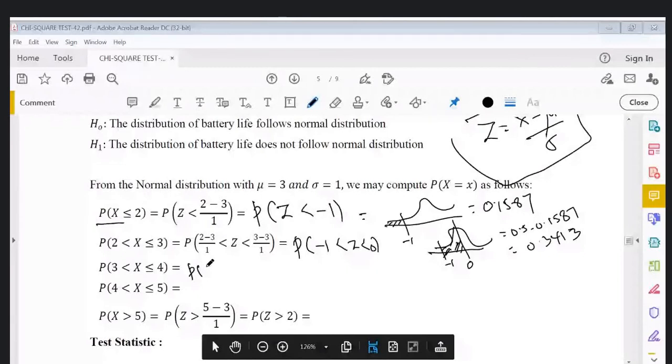We can get here it is equal between 1, z until 2. Okay, berarti dia 0, 1 ke 2, 1 ke 2.